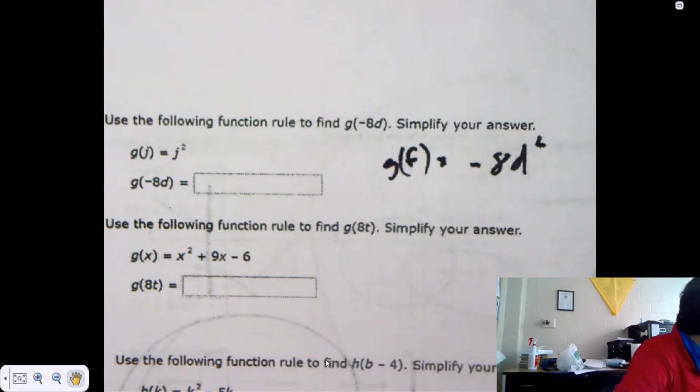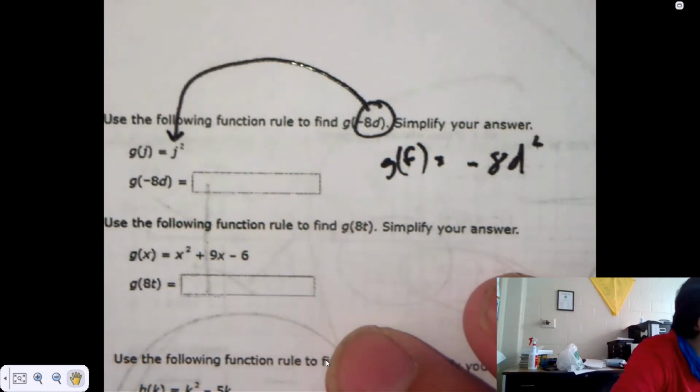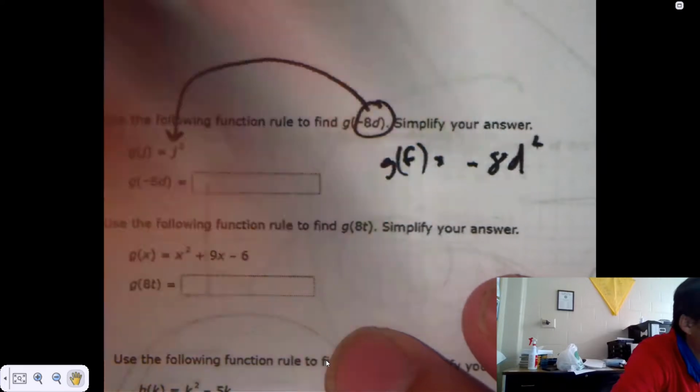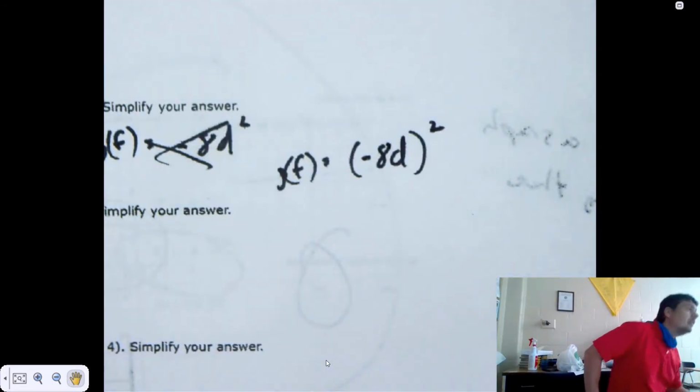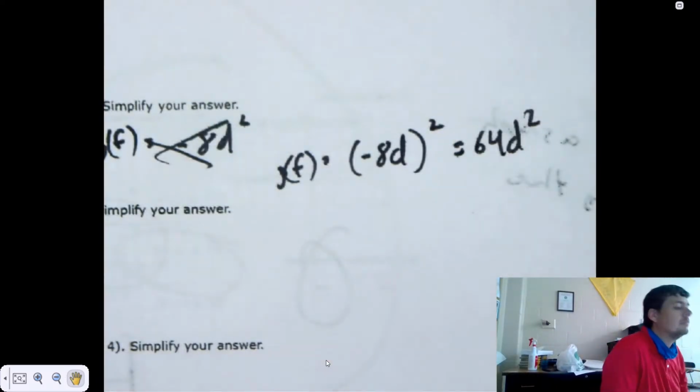All of this goes in for f. So all of it must be what? Squared. That's just wrong. What is a negative 8d all squared? 64d squared. That's not too bad.